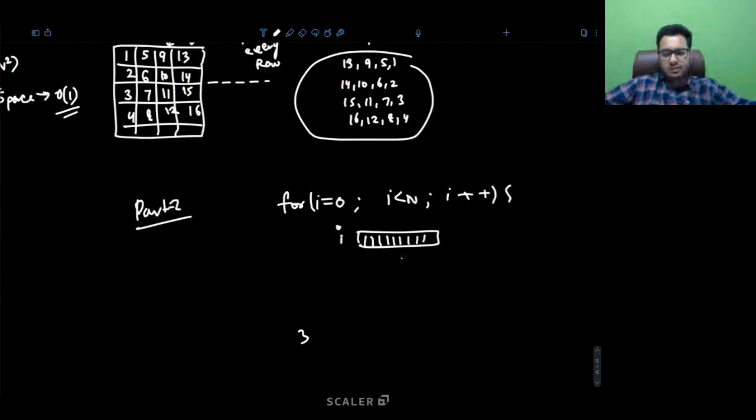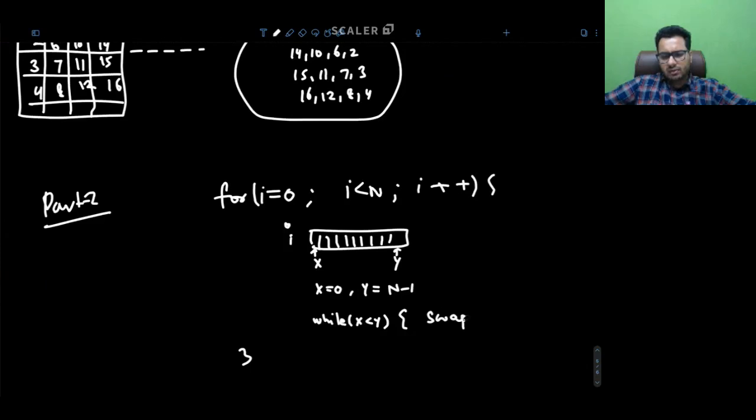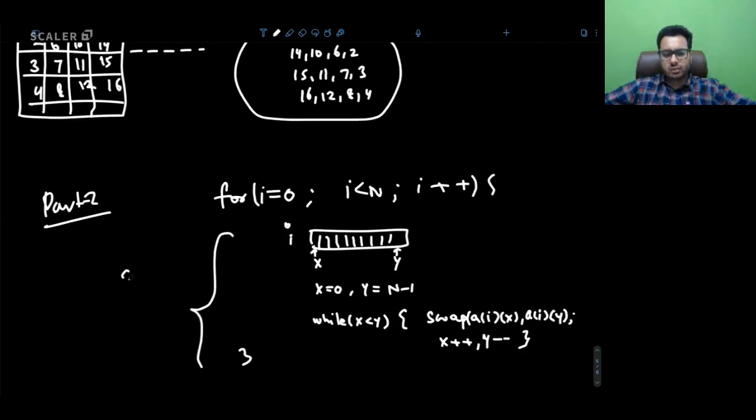So can I say I have x here, some y here, and I can say x is 0, y is at the ending of this row, which is n minus 1, and while x is less than y, let me swap array of ith row x column with ith row and the yth column. And after this swap is done, x will move to the next index and y will move to the previous index. That's it. So this will swap my every row.